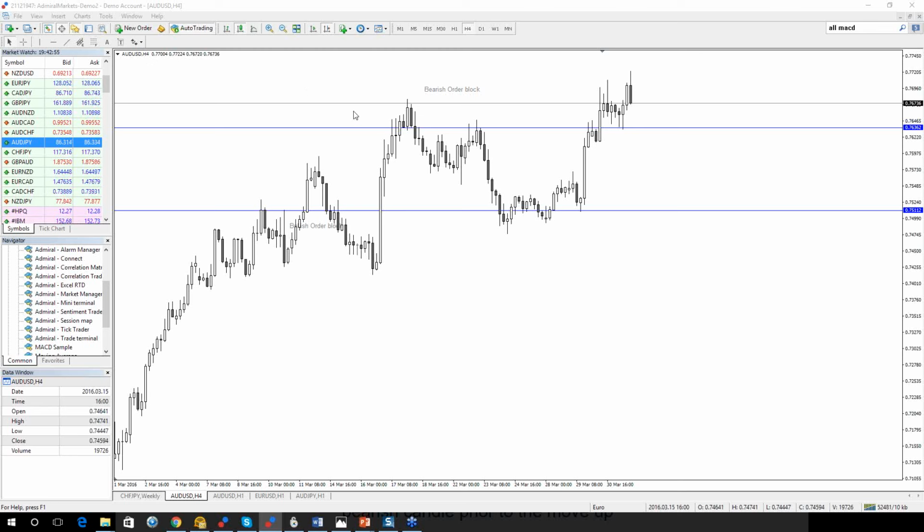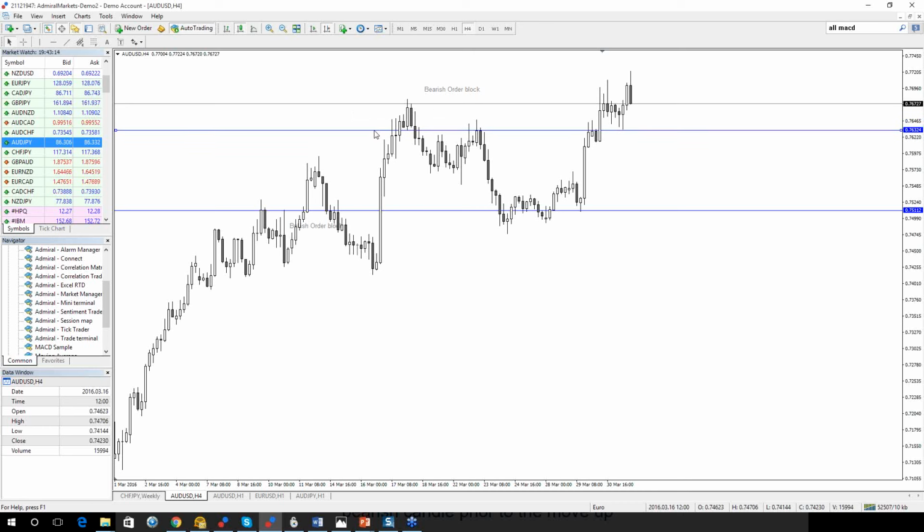Intraday traders usually look for inside bars on 4-hour and daily. So when you see this very strong inside bar, now you know that there is a possibility for the low of this bullish candle to be a bearish order block.